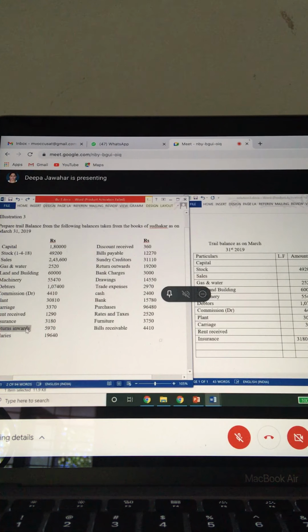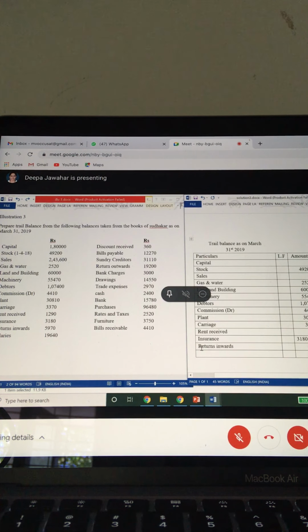Next is returns inwards. Returns inwards, which means sales returns. Sale is the sanam inwards. After sales, the goods is coming inwards or inwardly coming inside. So that is why it is inwards. Sales returns.